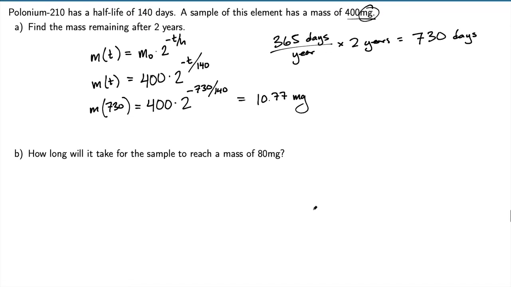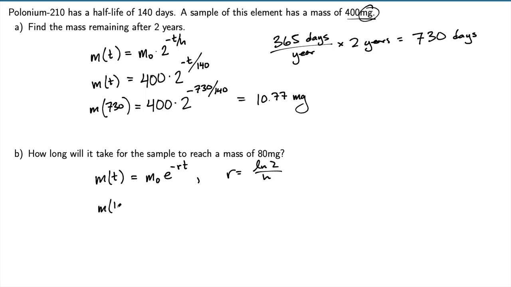For part B, how long will it take for the sample to reach a mass of 80 milligrams? So I'm going to use here, just so we can see the other form, the formula m0 times e to the negative rt, where r is the natural log of 2 over the half-life.